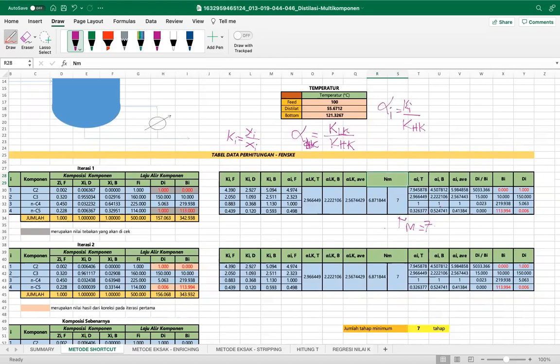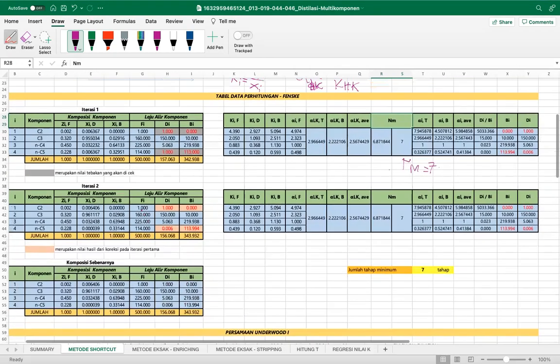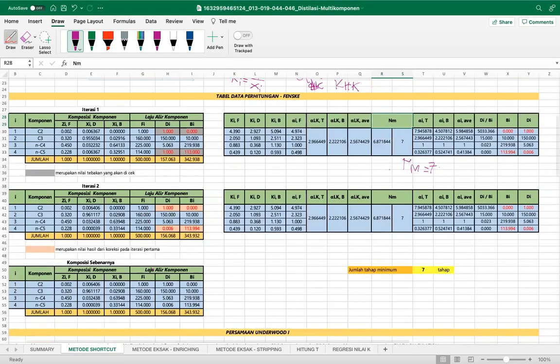Okay, and we have a little bit of a problem here because we still use this one as the iteration. It's still a guessing. So what can you do? Actually, they use two iterations, because it's only 3 iterations.